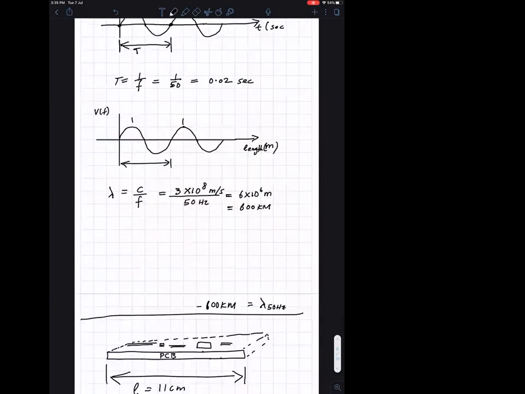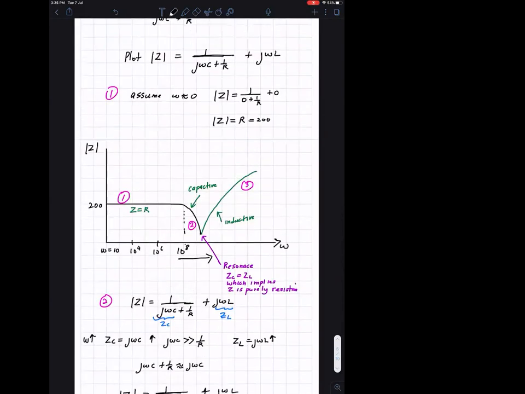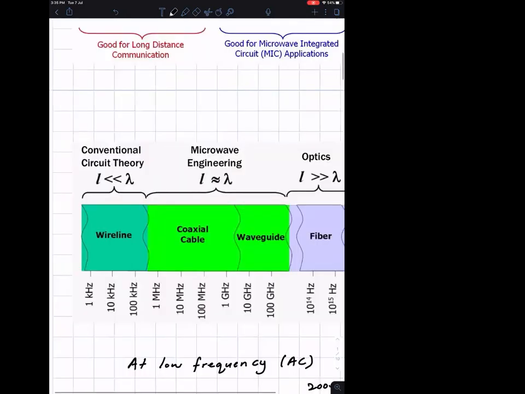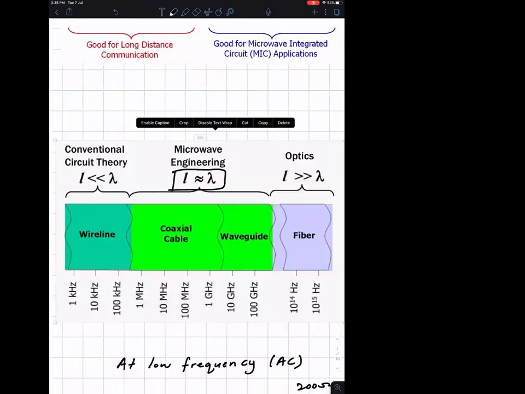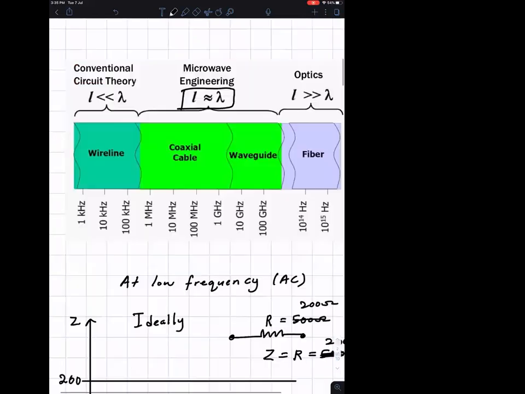Like we have shown this earlier, right or not? In microwave engineering, when the length of the circuit is comparable to the wavelength, that's when we have to carefully design the transmission line.